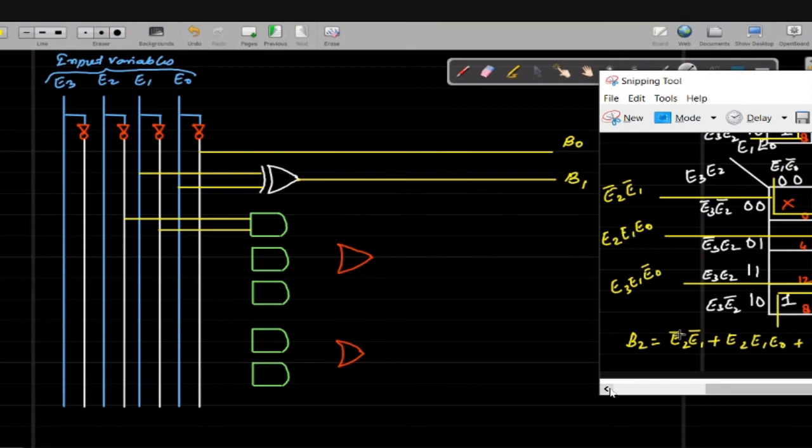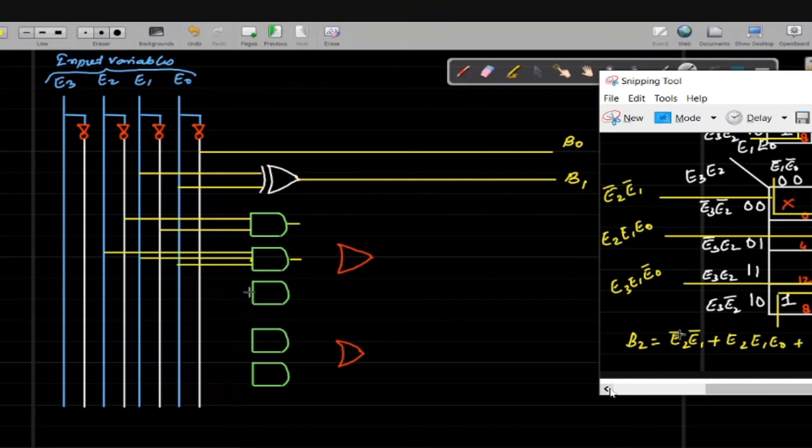So you will get your first product term over here, and the second product term is E2, E1, E0. So this is E2, this is E1, and this is E0. So the second product term is available here at the output of this AND gate.